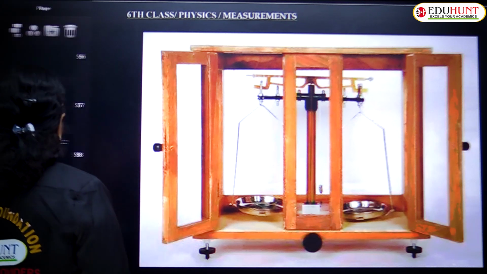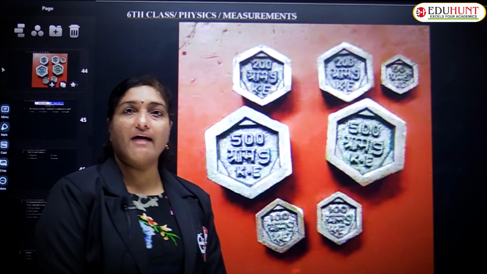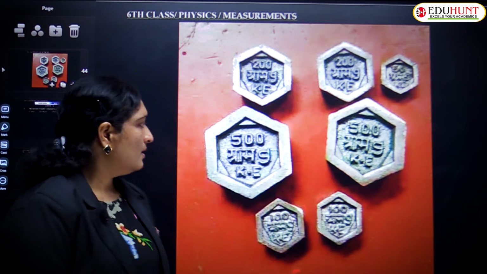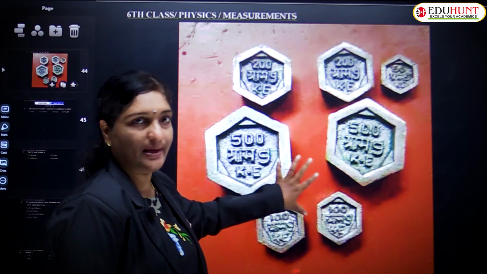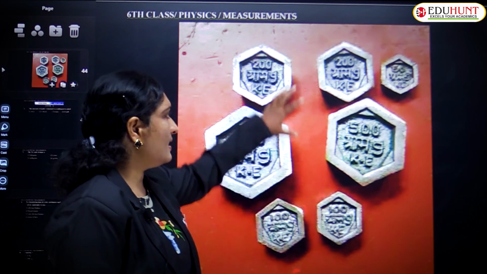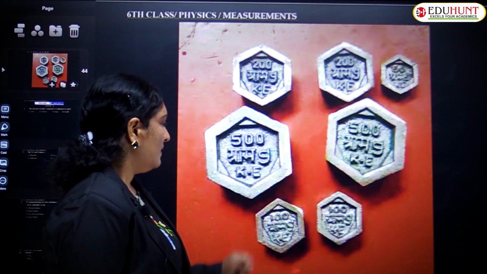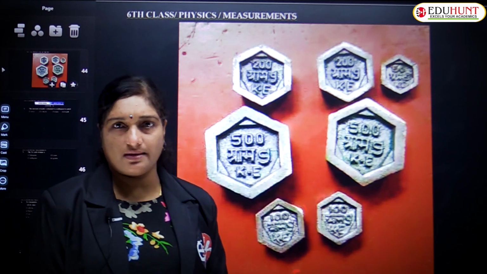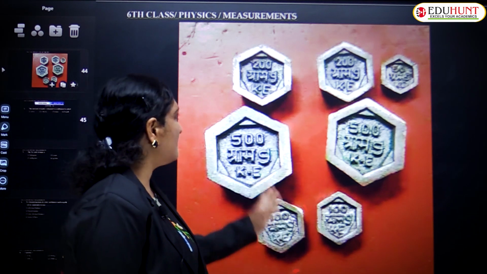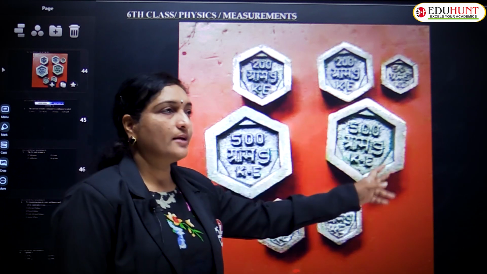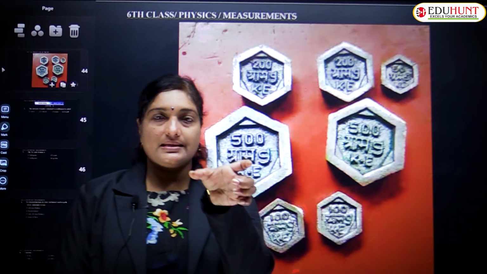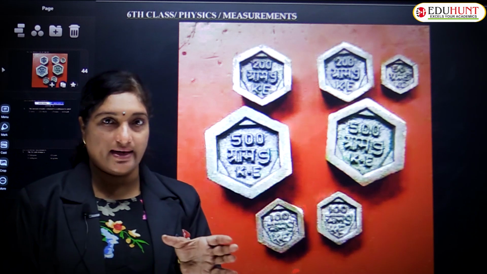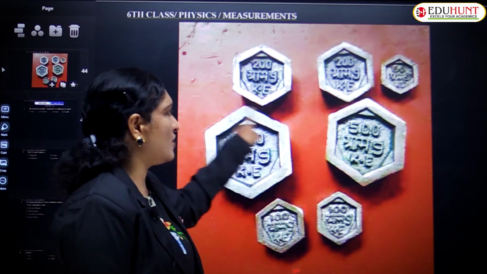Now, these are the weights you would have observed whenever you purchase vegetables and so on. These are the weights we use to measure any desired quantity. They range from 100 grams to 500 grams, and 1 kg and 2 kgs are also there. These are generally made up of iron and are hexagonal in shape.